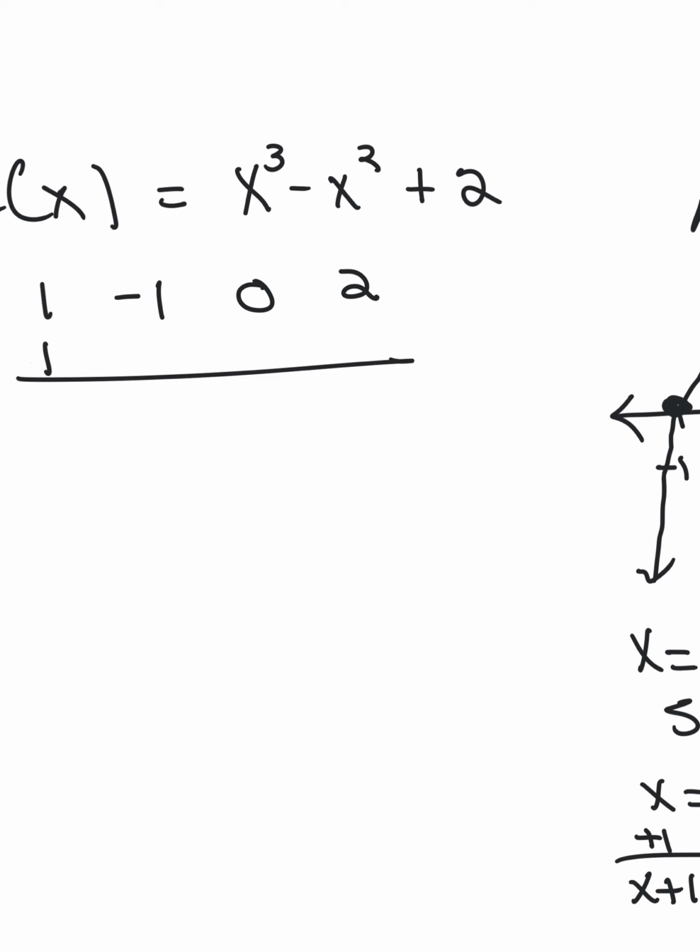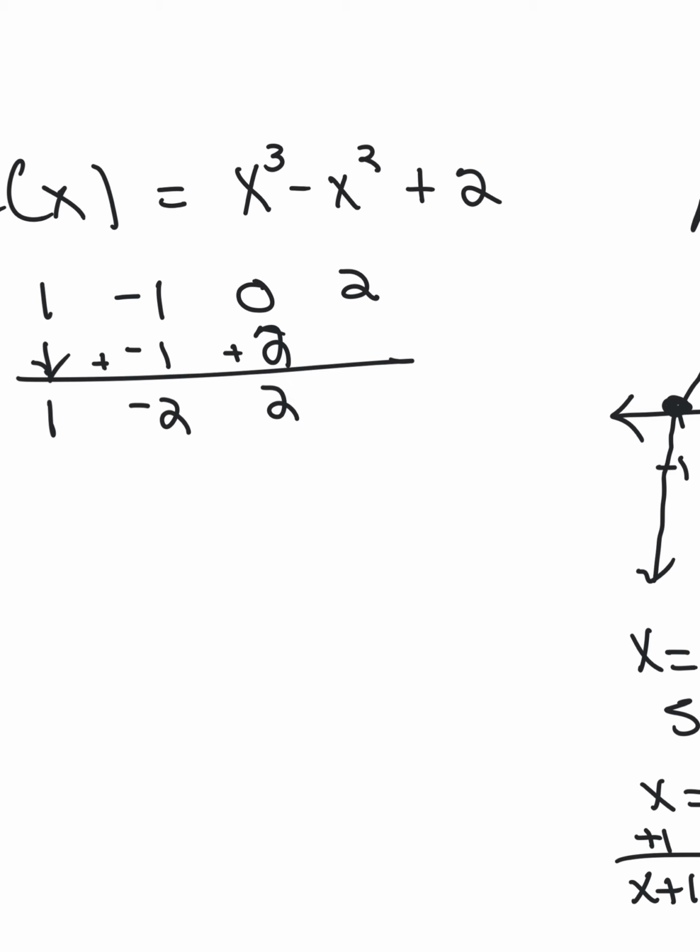I bring down the first term. I multiply 1 times the divisor, negative 1. I add the 2 together to get negative 2. I multiply negative 1 times negative 2, and it gives me positive 2. I add, and I bring down the 2.